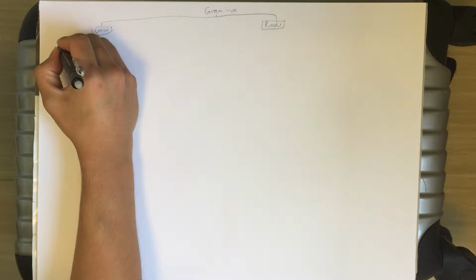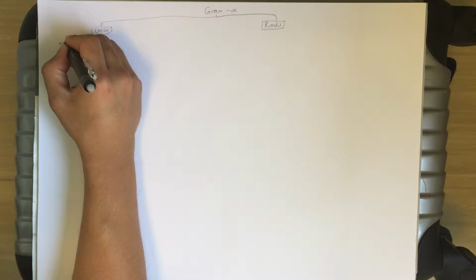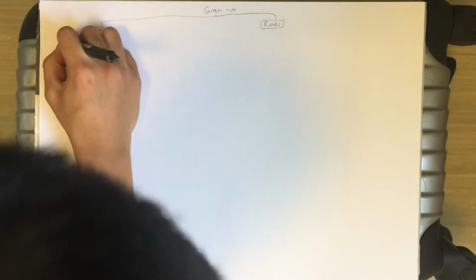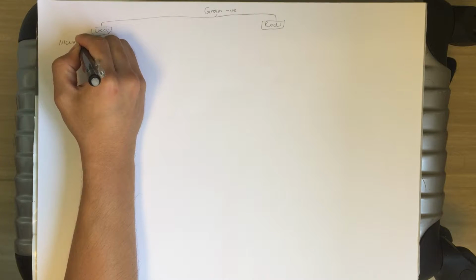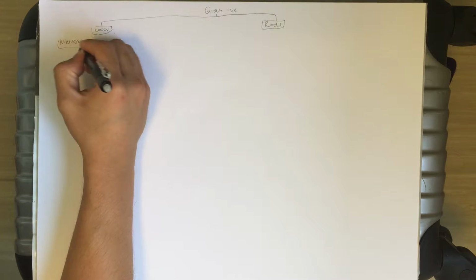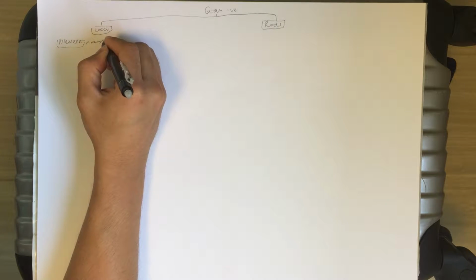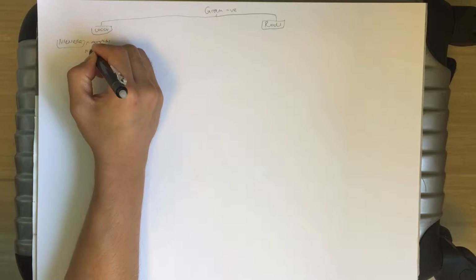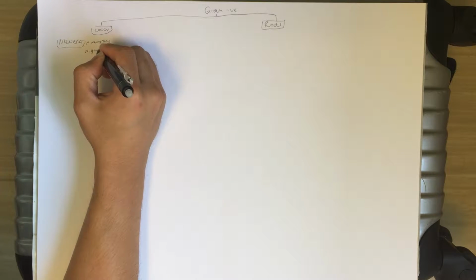So you have Neisseria. I spelled that wrong. Neisseria. You have two different types, so what is in the box? Neisseria meningitidis and Neisseria gonorrhoeae.